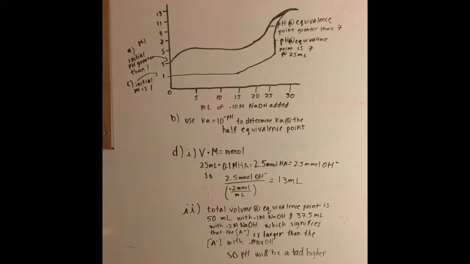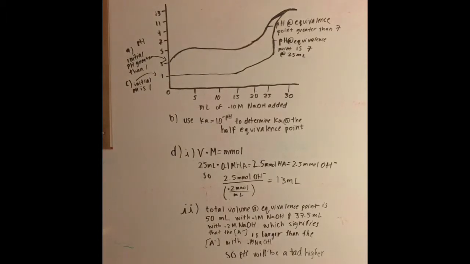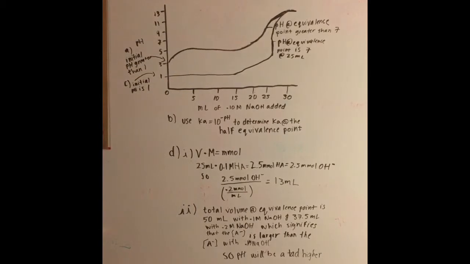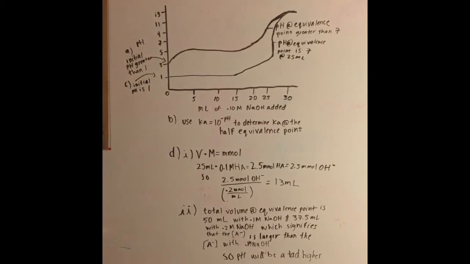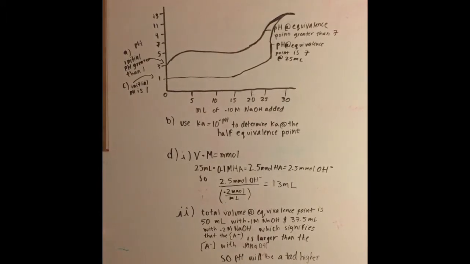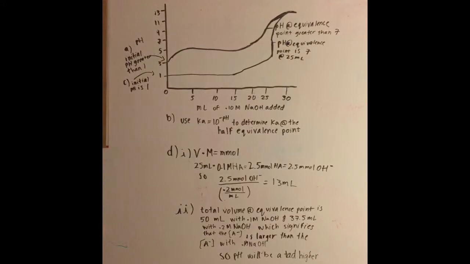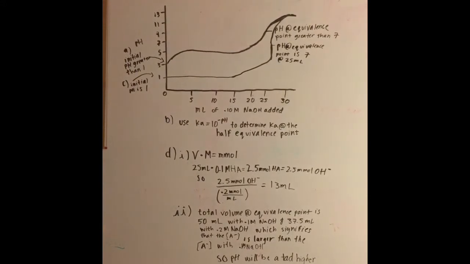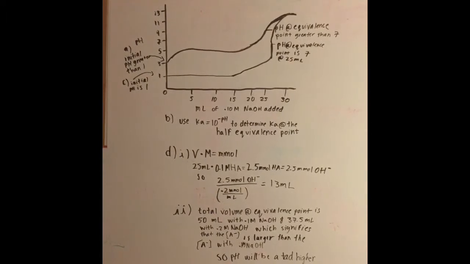Then you know that they're going to have equal amounts, so I concluded that there is 2.5 millimoles of OH minus as well. So then I divided the 2.5 millimoles of OH minus by the 0.2 millimoles per milliliter, or molarity, and then I got 12.5 milliliters, which would be the volume of the base that needed to be added to reach the equivalence point.